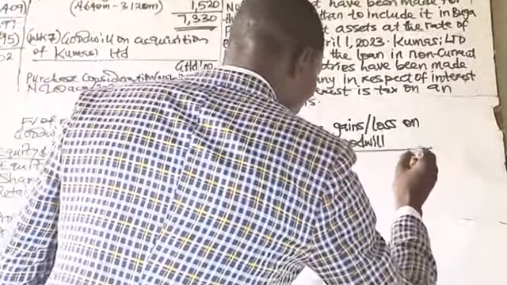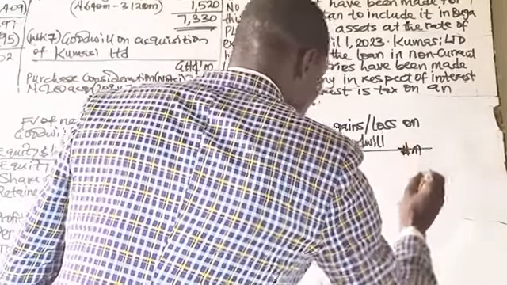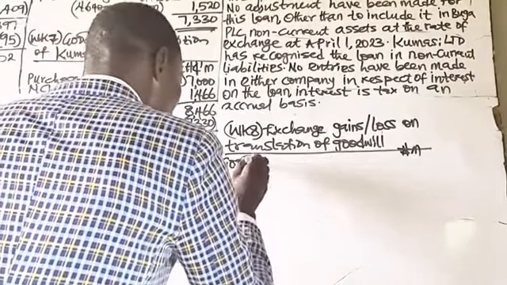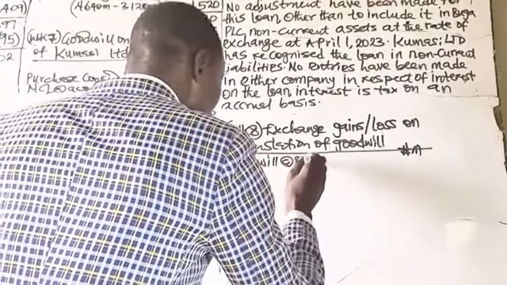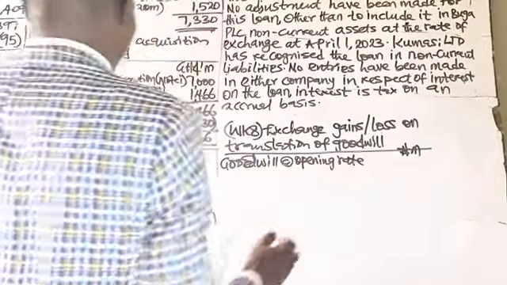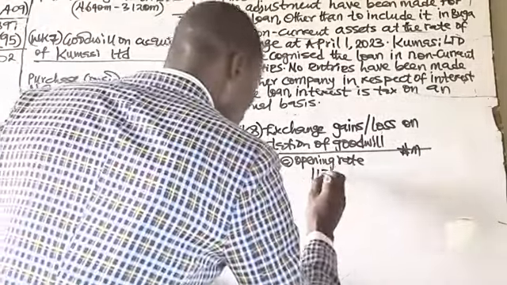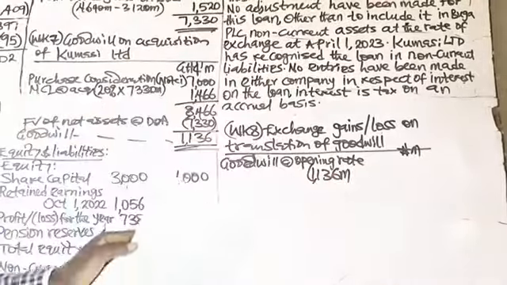So we want to translate it to Naira. Goodwill at opening rate. And the goodwill amounted to 1136. And what is the opening exchange rate?